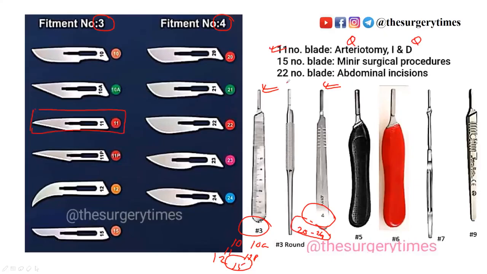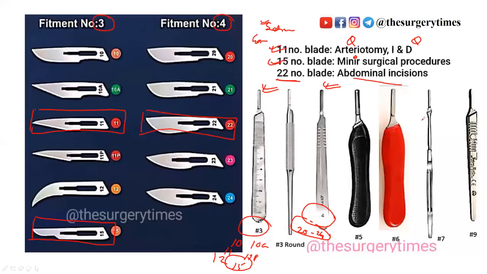Now next is the number 15 blade, which is this one, used for minor surgical procedures like sebaceous cyst. In case of ganglion, we use the blade 15. And number 22 is used for abdominal incision. This one is bigger, used for abdominal incision, mainly in laparotomies.